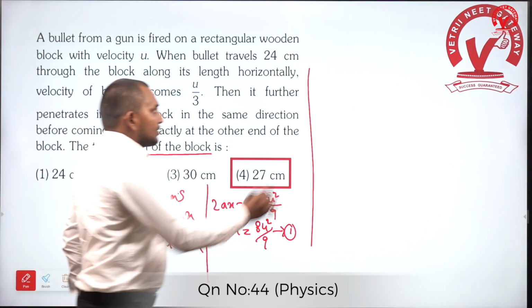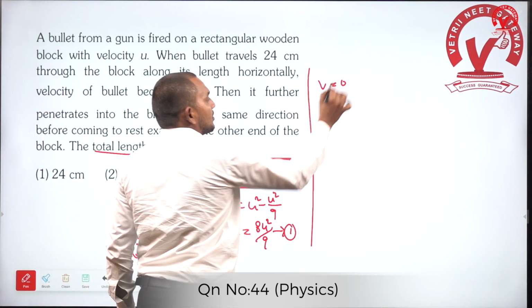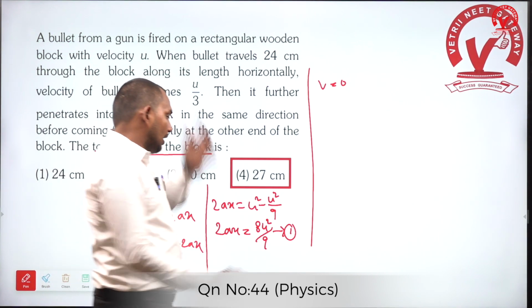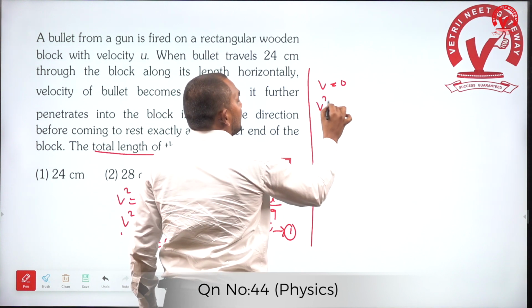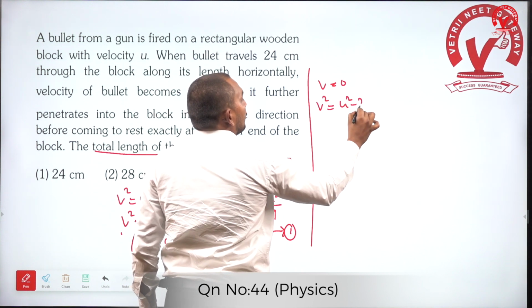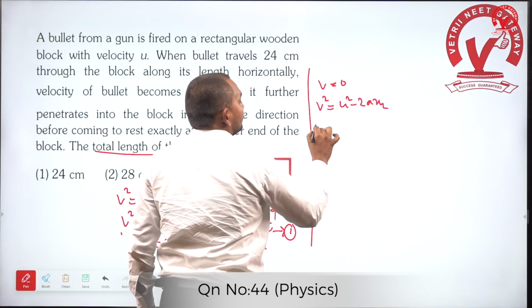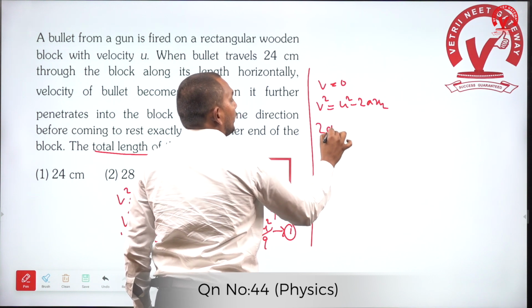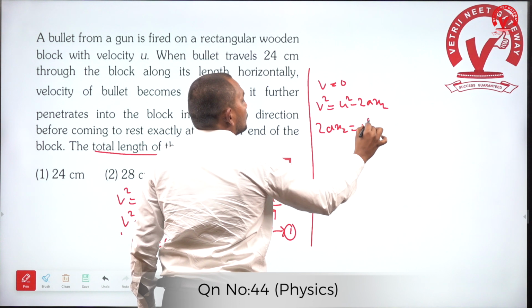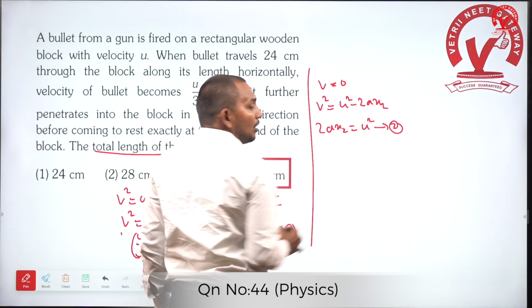Similarly, you can take the second case. Here velocity is equal to 0. It comes to rest. So v square is equal to u square minus 2 a x2. 2 a x2 is equal to u square. This is equation number 2.